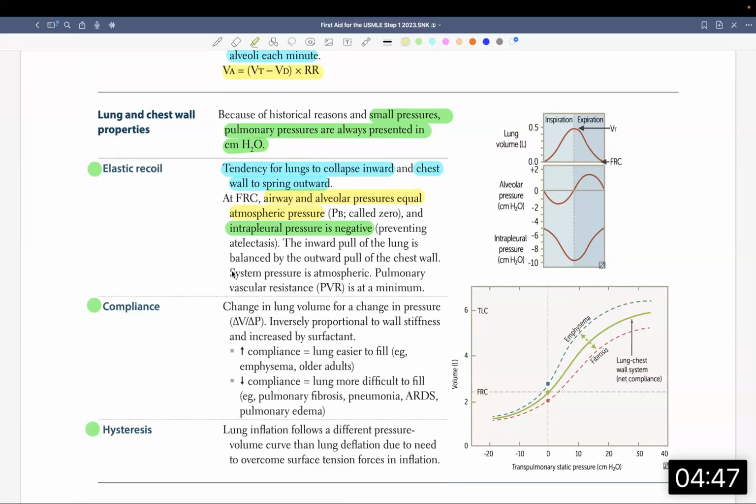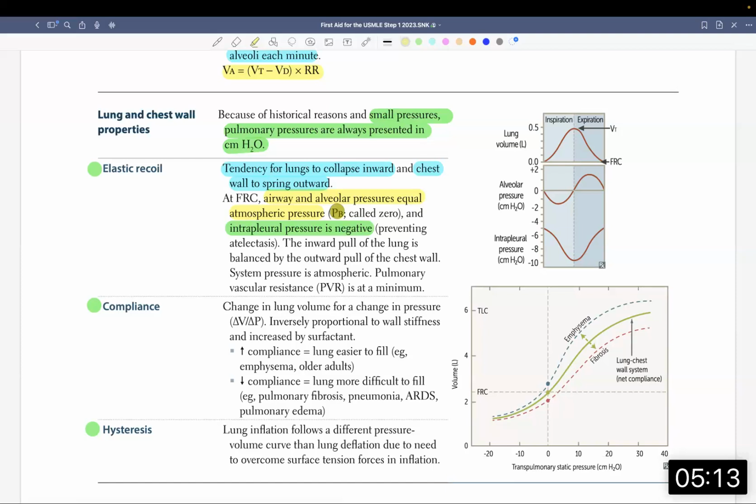Barometric pressure, the pressure in the atmosphere. That's the symbol for atmospheric pressure. So they are saying that airway pressure, which is outside, and alveolar pressure, which is inside, are both the same at functional residual capacity.